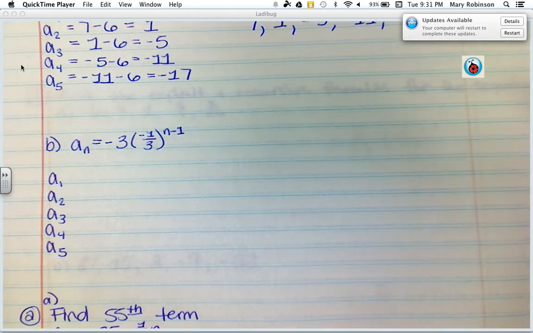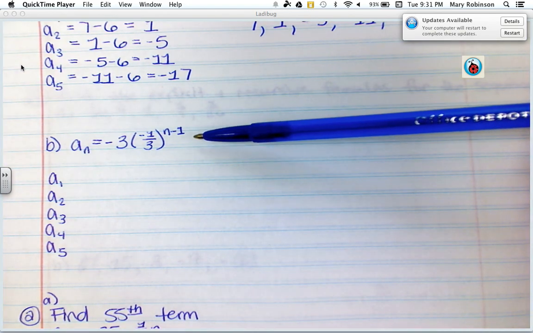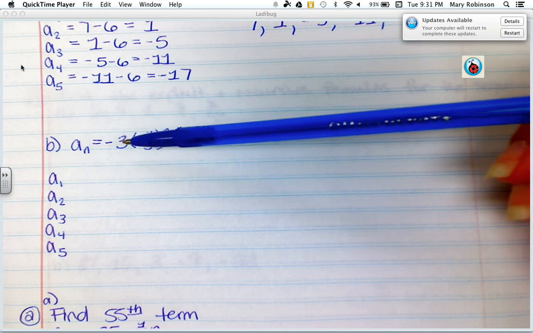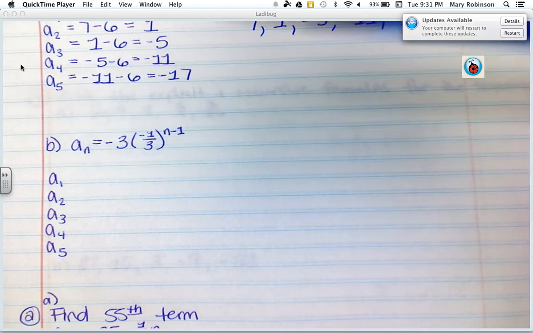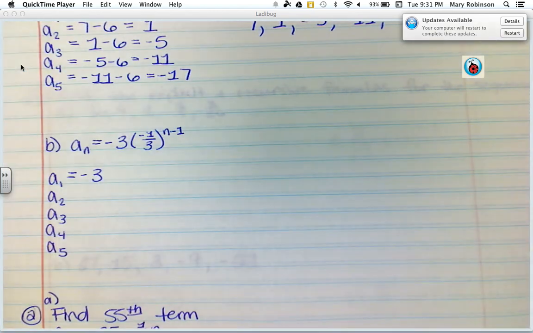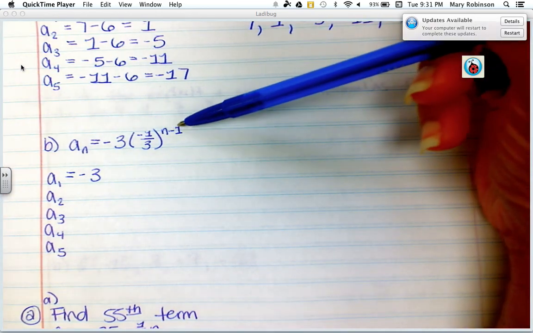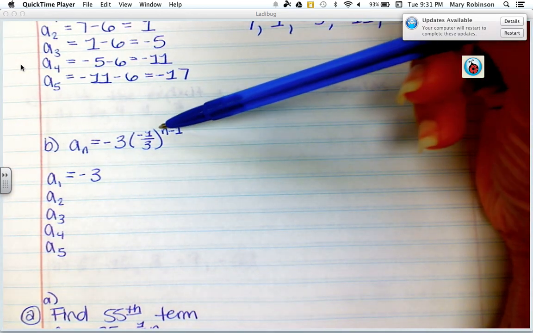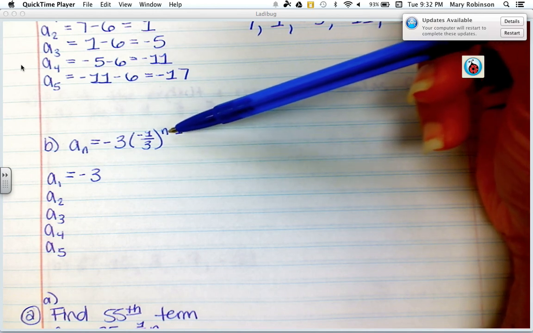When we're given the explicit formula for a geometric sequence, the first term, A sub 1, is going to be negative 3. So A sub 1 equals negative 3. Your R value is always the number that's being raised to the power. So negative 1/3 is being raised to the n minus 1 power.